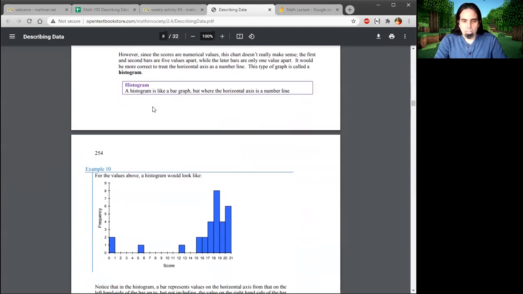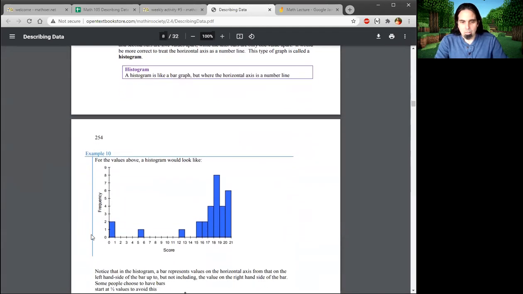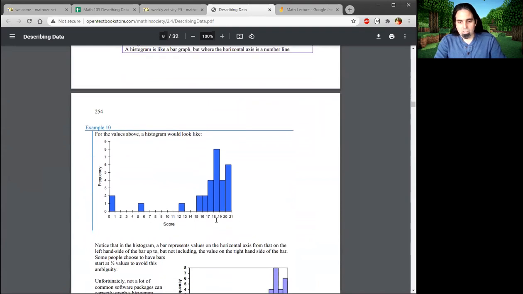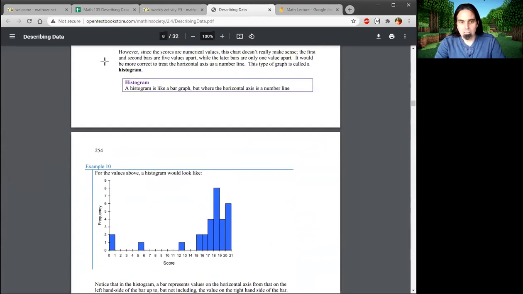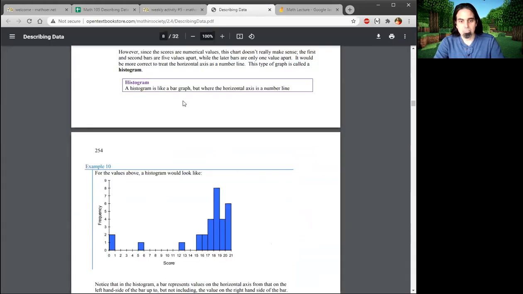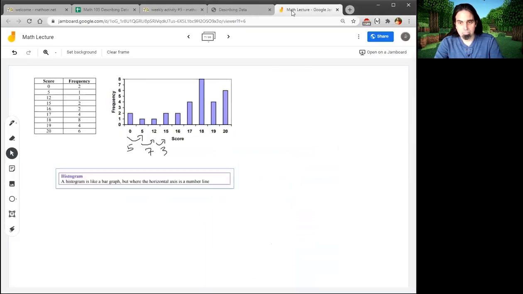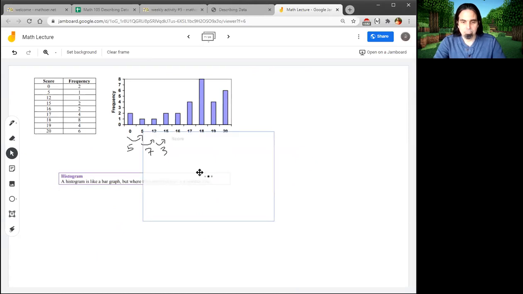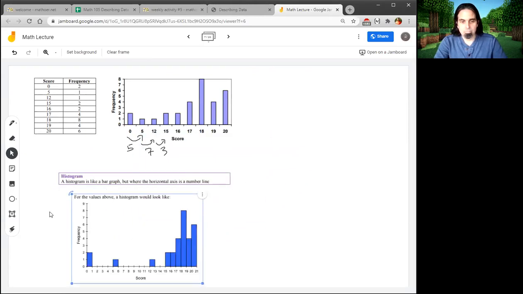So a histogram is like a bar graph, but the bottom axis is a number line. Everything is evenly spaced out. We saw that before. I'll stick it on the Jamboard in case it makes someone happy. Okay, so far so good.